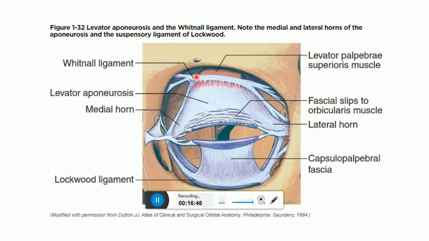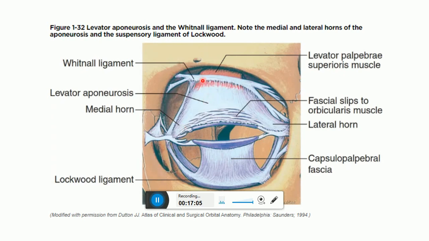At the point of Whitnall ligament, the levator muscle transitions into aponeurosis anteriorly. This is aponeurosis, and posteriorly it is attached to the Müller muscle, also known as superior tarsal muscle.